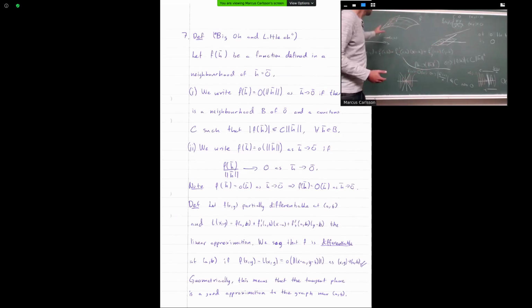We can't just say that the difference between the graph value and the approximation values should go to 0 as x goes to 0, because that's obvious. I mean, even these terms go to 0 as x goes to a and y goes to b, right?